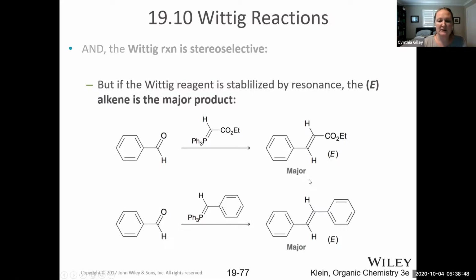This is the more stable product, and it's thought to be produced through a reversible initial 2+2 cycloaddition that eventually leads to the more stable product through a favorable equilibrium. An anion here would be resonance stabilized through a ring as well. So this is considered a stabilized ylide, producing the E alkene as the major product.